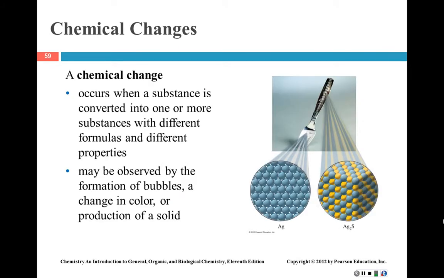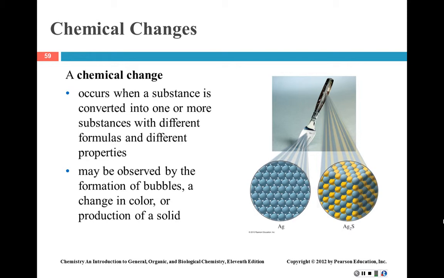A chemical change is when a substance is converted into one or more substances that are completely different from the original, so they would have different properties and different formulae. Sometimes in a reaction you see bubbles where a gas is given off, like carbon dioxide or oxygen. It could change colors.